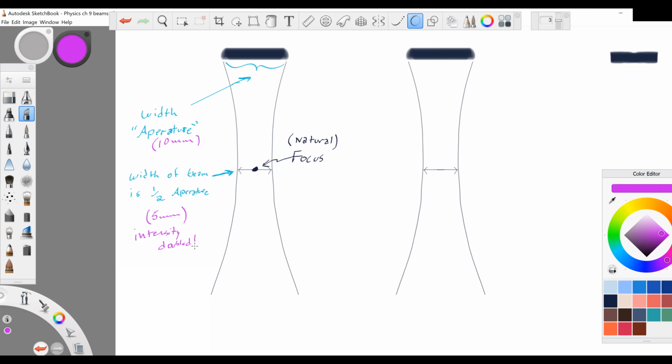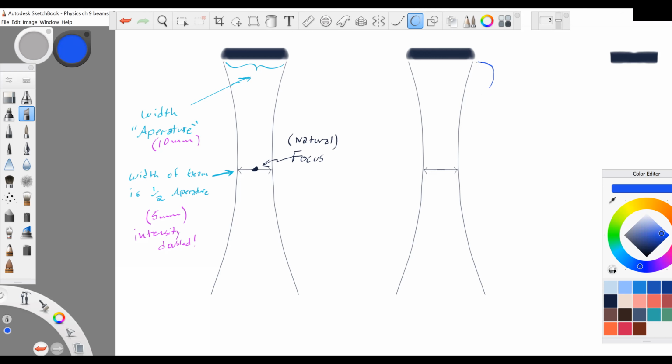So then we have a near zone. Okay, I'm glad I drew 2 of these here. The near zone is everything from the focus to the aperture, or the aperture to the focus, I should probably say.